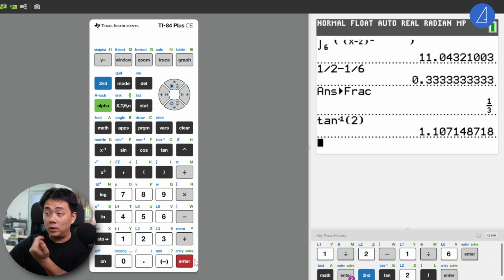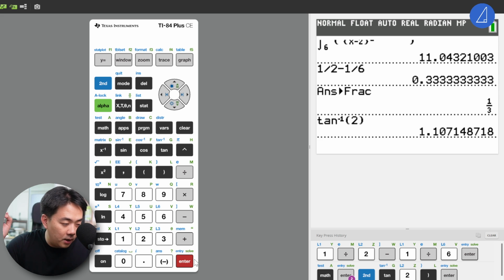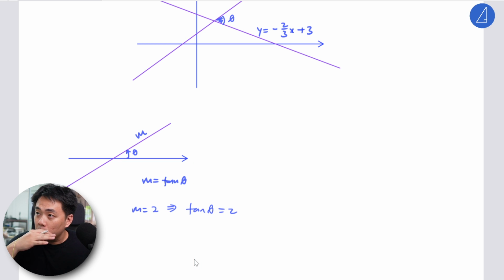You change to degree, the problem is you forget to change back to radian, you get framed. Most of the time it's okay to write your angle in radian, but it's not okay for the entire question to have your calculator in degree, because for parametric equation it won't work. For a lot of other trigo stuff, it will not work. So please don't change it to degree.